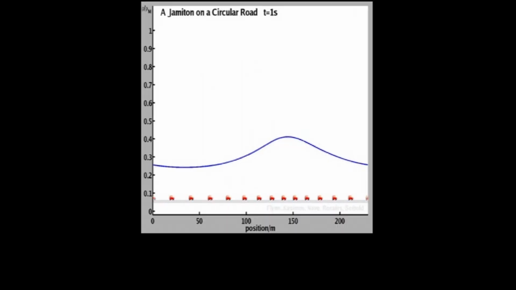In the following 3 video clips, which illustrate jamitone simulation at specific positions in circular paths, as vehicles increase due to braking, vehicle density increases.